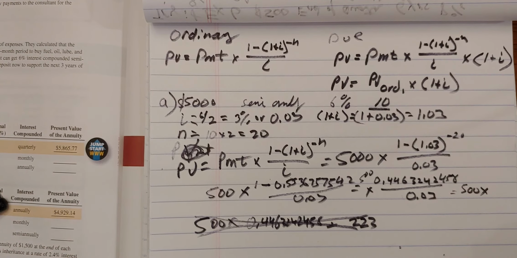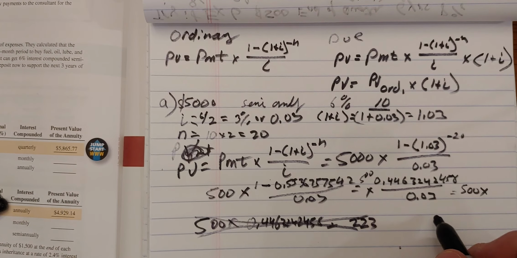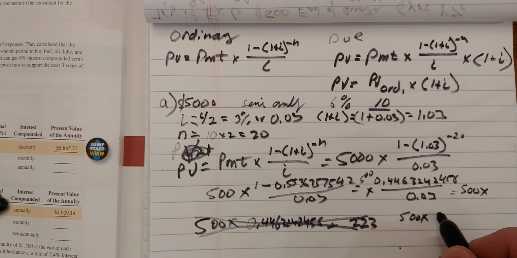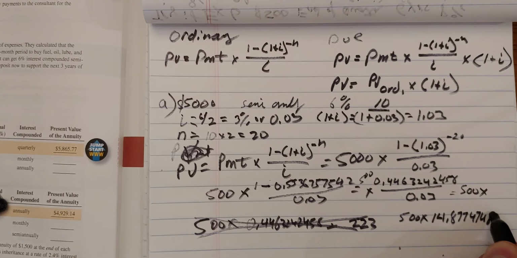All right, so 0.4463242458 divided by 0.03. All right, so now that should be 5,000 times 14.8774748.